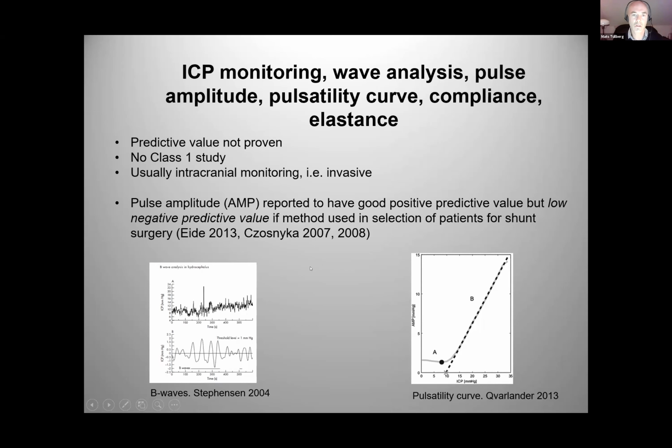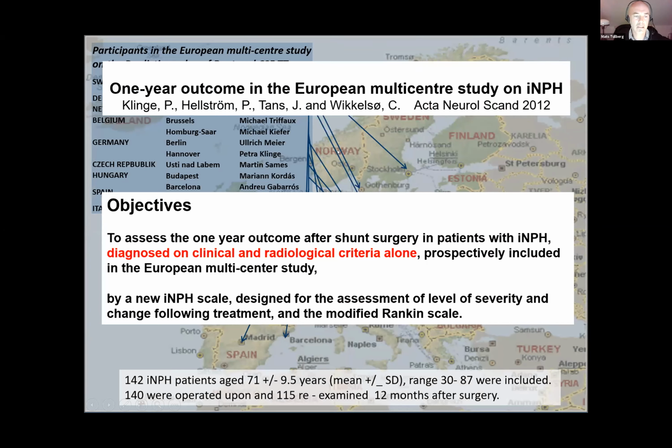I think I can move a little fast through these pictures, but the European multicenter study had an objective to investigate, using only clinical and radiological criteria, what the outcome would be.